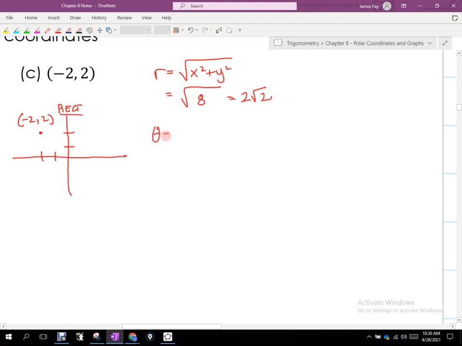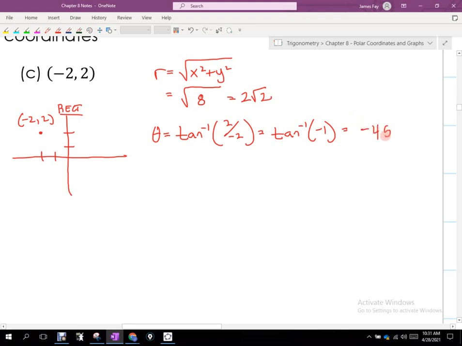Theta, though, is going to be tangent inverse of my y value divided by my x value. So it's tangent inverse of negative 1. What will my calculator spit back to me for my tangent inverse of negative 1? Negative 45.